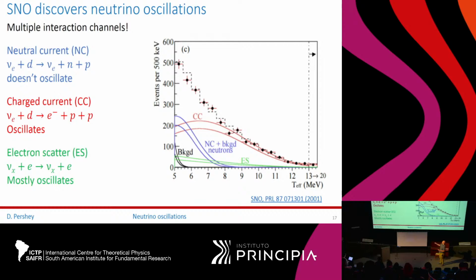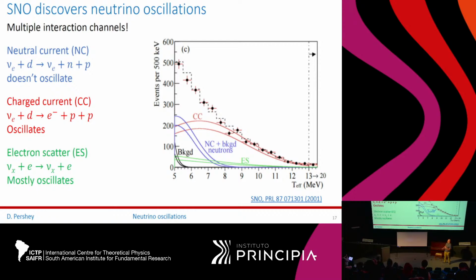Since this is a neutral current process, this will not oscillate. All of the flavors of neutrinos will interact in this channel. Then you also have the charged current interaction, where this nu_e now comes in, hits the deuteron, breaks it up, but does an isospin flip, making two protons in the final state.